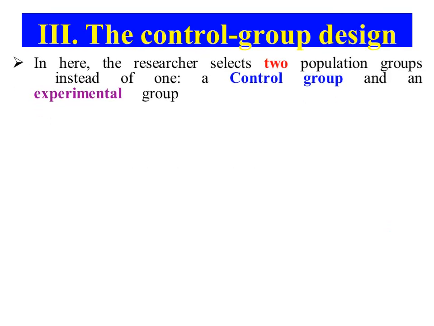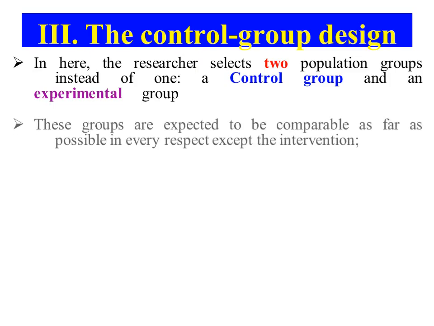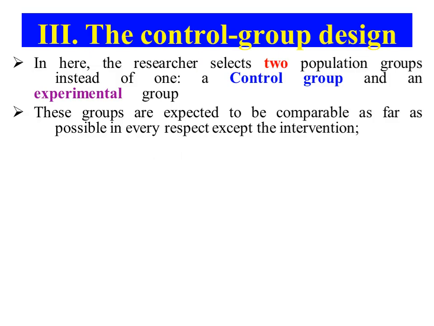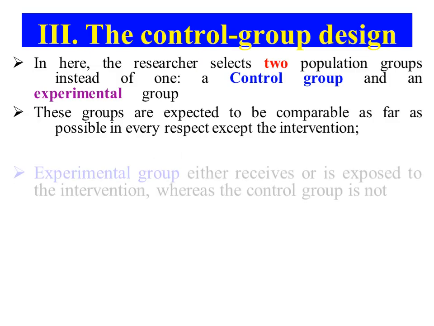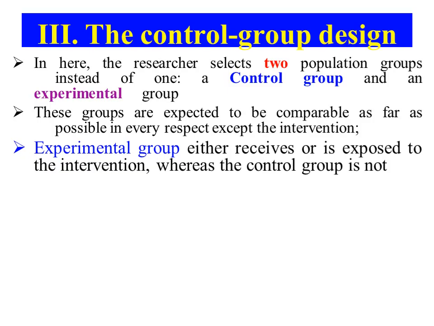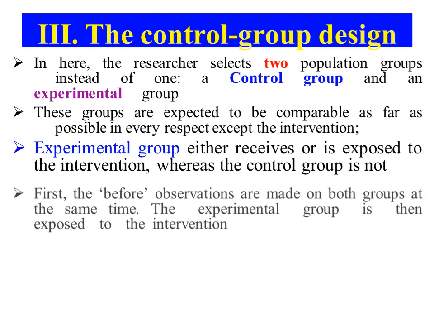The third one is the control group design. Here, the researcher selects two population groups instead of one, a control group and an experimental group. These groups are expected to be comparable as far as possible in every respect except the intervention. The experimental group either receives or is exposed to the intervention, whereas the control group is not.